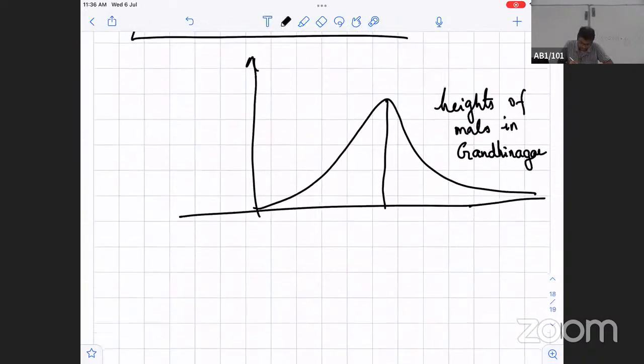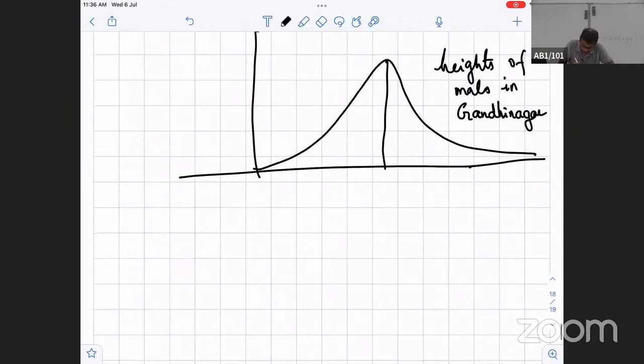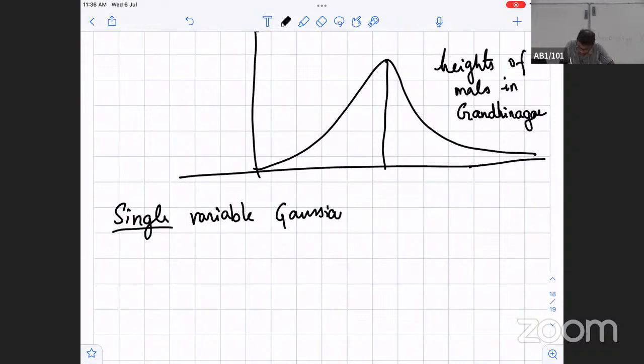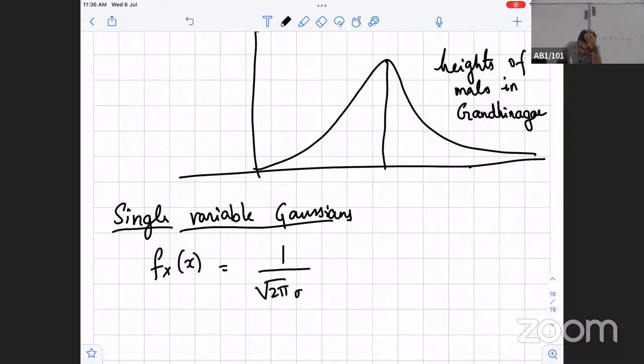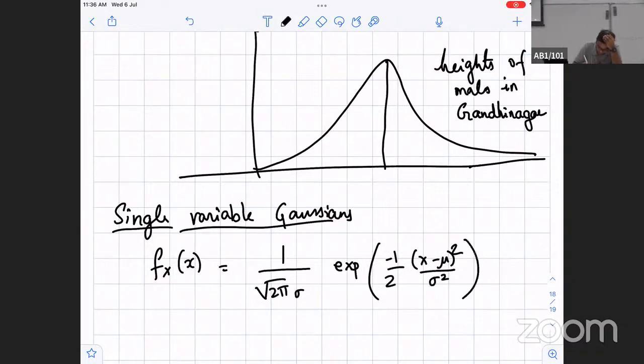Let's look at single variable Gaussians. We have a density for this, f_X(x), which is 1 over sigma root 2 pi, e to the power minus half (x minus mu) whole squared by sigma squared.